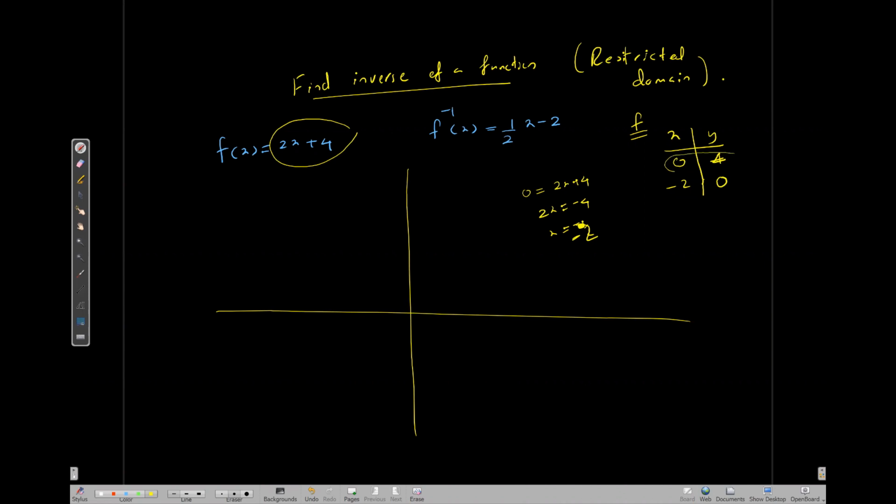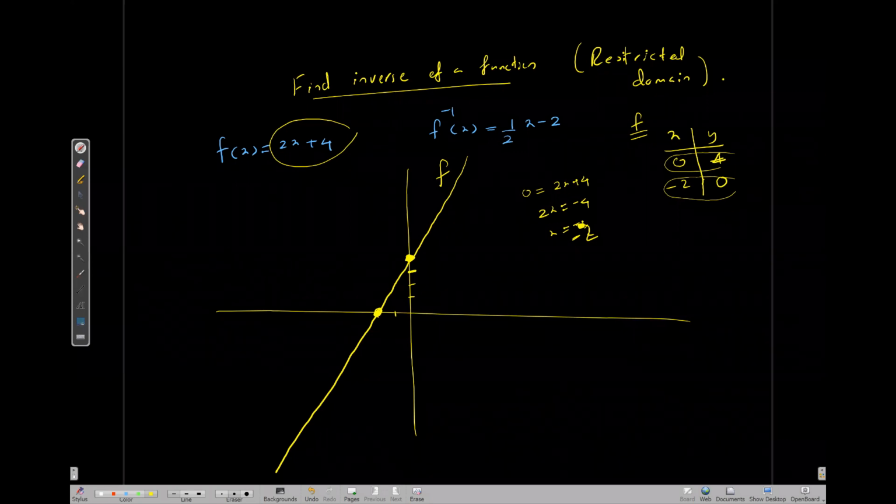So these are the x-intercept and y-intercept. So 0 comma 4, this point, and negative 2 comma 0, this point. So your graph of f looks like this, right?